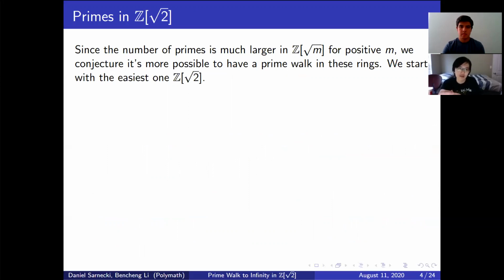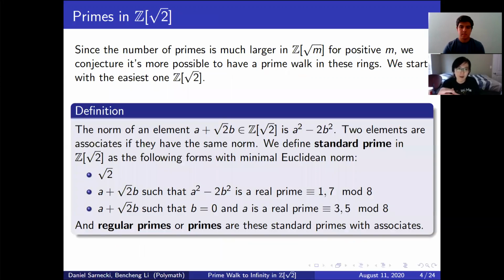We start with the easiest one, Z[√2]. Below are some definitions of elements in this ring. The norm of an element a plus root 2 b is a squared minus 2b squared. Two elements are called associates if they have the same norm.